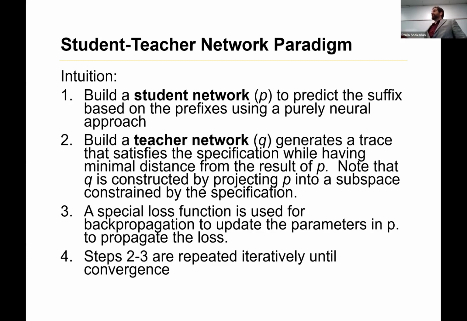It's taking the result of the student network and modifying it so it meets the specification. Then they have a specialized loss function that they use in the student network. One part of the loss function measures the loss based on the ground truth. The other term measures a distance to this recently created sequence that meets the specification. Okay, and then it trains again.